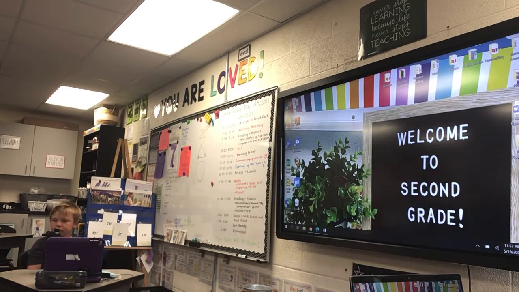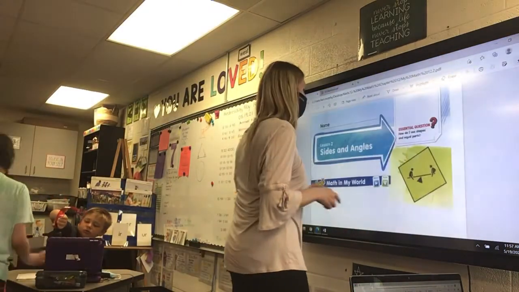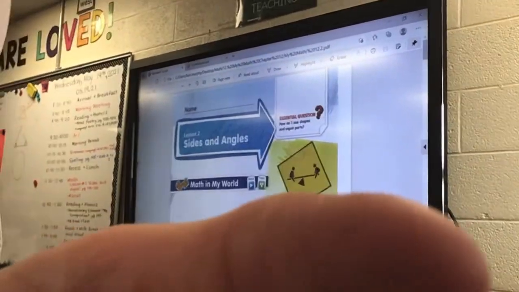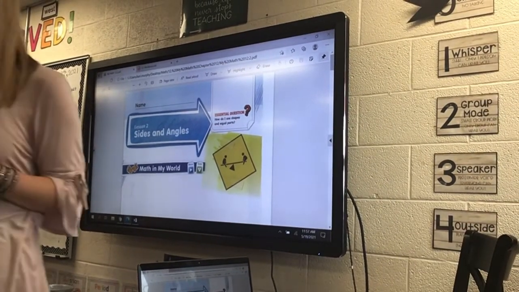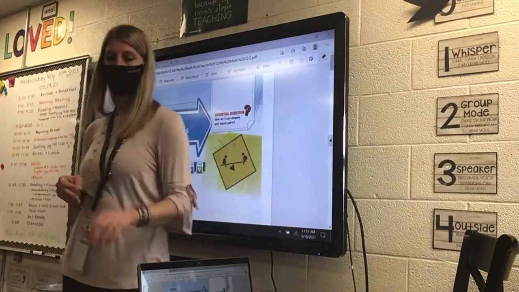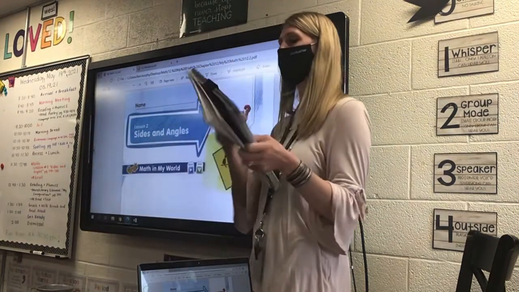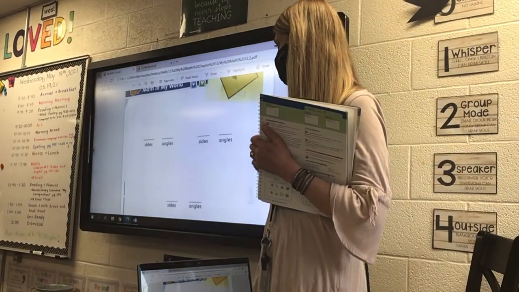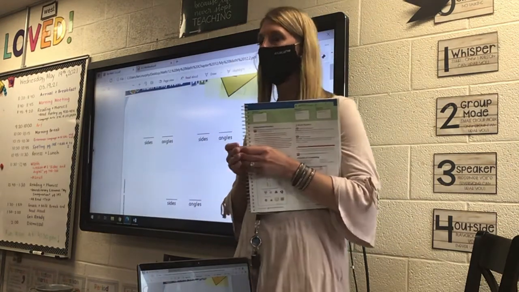Okay, when you get your paper, put your name at the top right away, and we're going to practice looking at shapes with sides and angles. And I'm going to change the directions from the bottom a little bit.